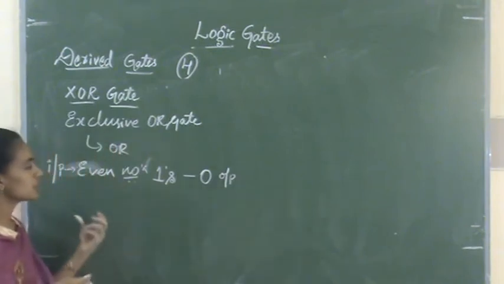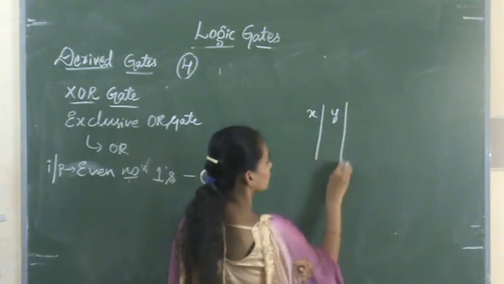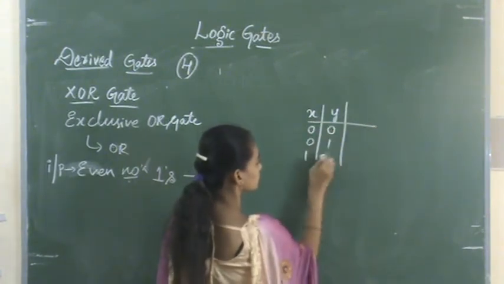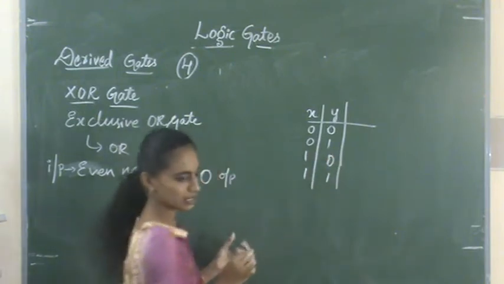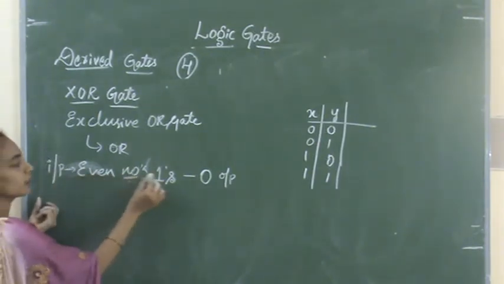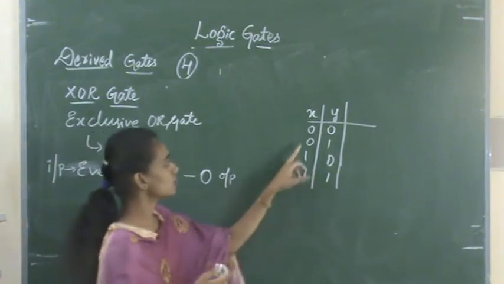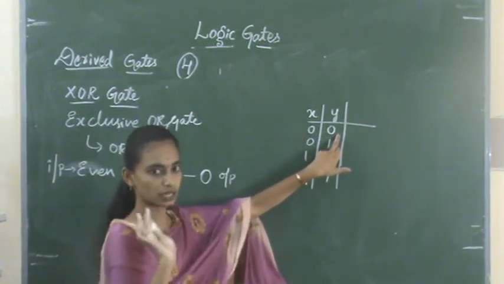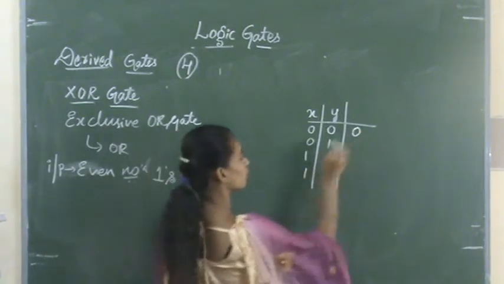Suppose I am taking a 2 input. If the input has an even number of ones, and even means we know even number. Is there any one here? There is no one, and 0 is also an even number, right? So the output will be 0.